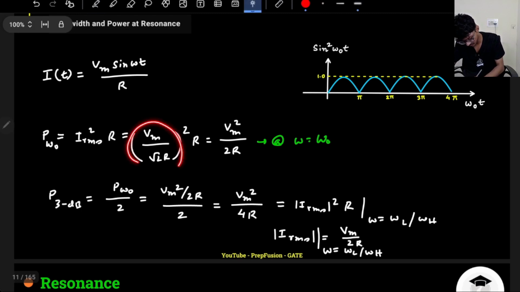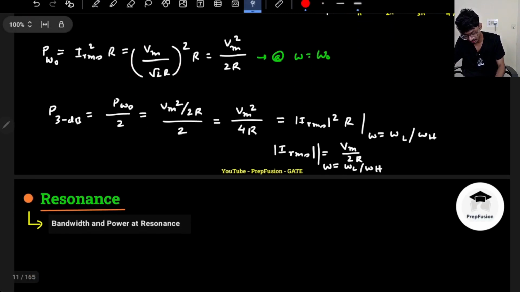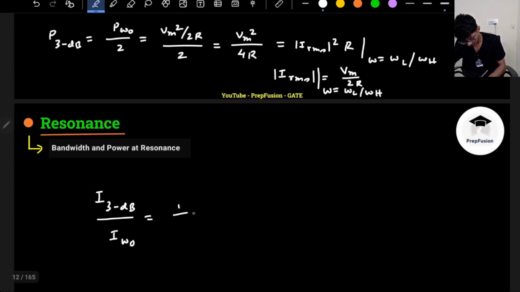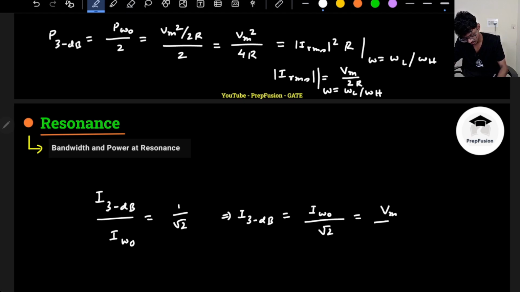Initial RMS current was Vm by root 2R. So if I find the ratio I 3 dB divided by I omega naught, it is simply 1 by root 2. So my I 3 dB is simply I omega naught, the current at omega naught, divided by root 2.